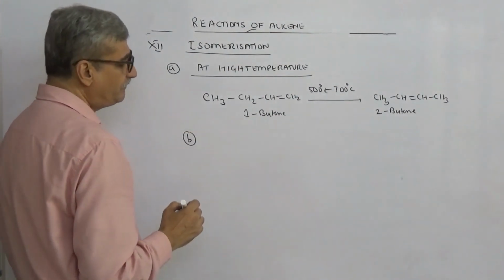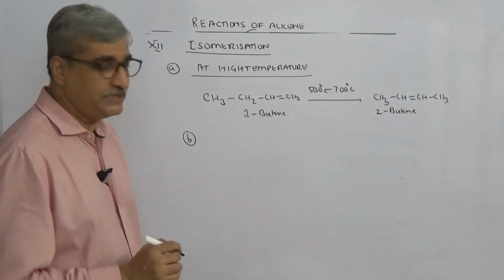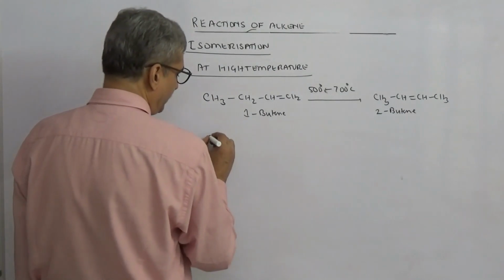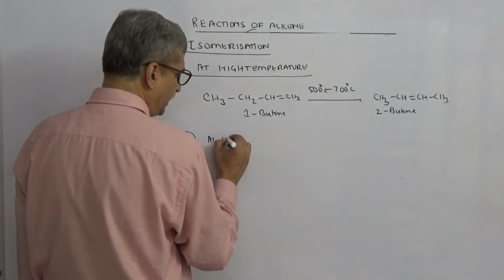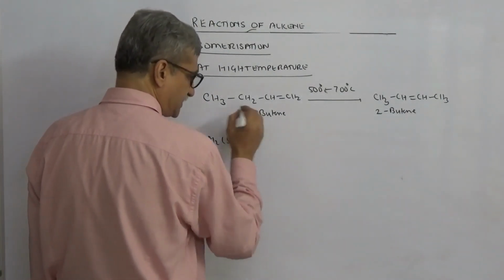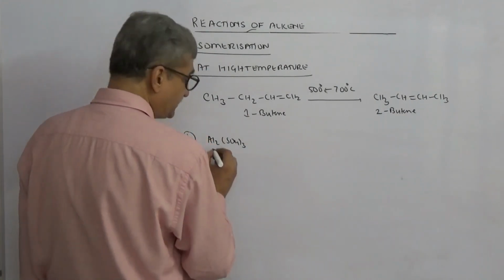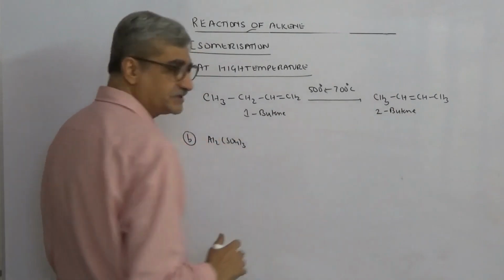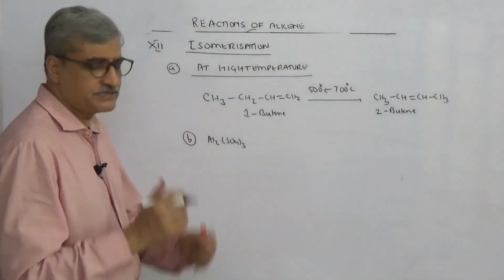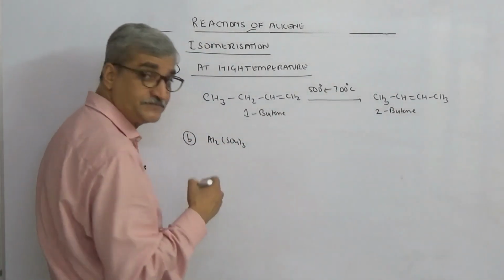But when you treat with, let us say, aluminium sulfate, Al2(SO4)3, the same reaction can happen, or sometimes, depending on other conditions, the other possibility is that branching can happen.